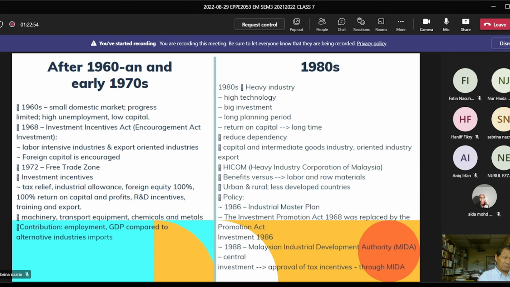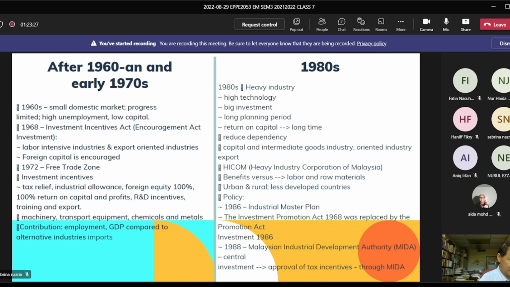And then at the same time, so this is the 60s, foreign capital is encouraged. You put there export-oriented industries, not yet. Not yet.